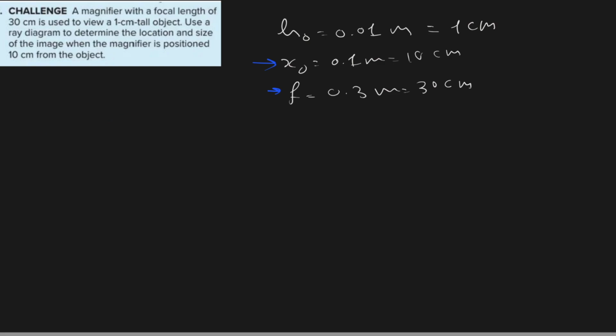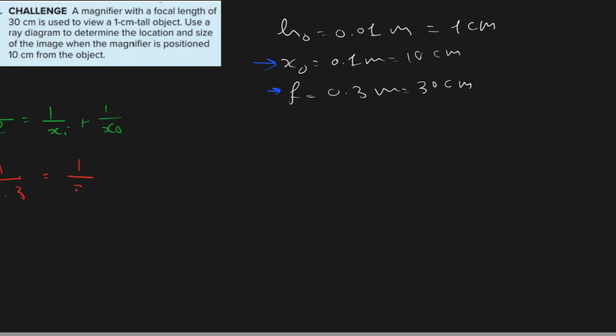So let me remind you again of this amazing equation. Okay, let's substitute the numbers using another color, of course. So 1 over f, what is f? 0.3. It's equal to 1 over xi. What is the x of the image?